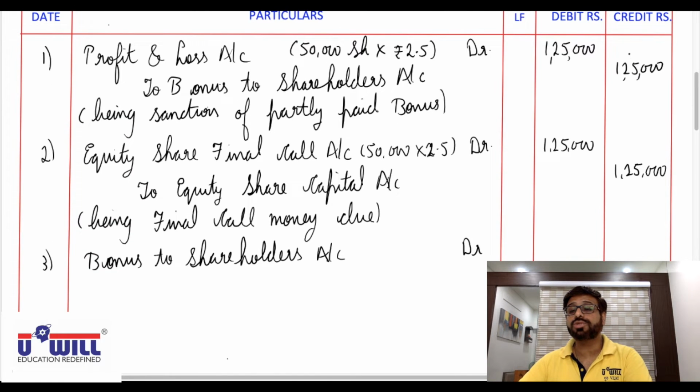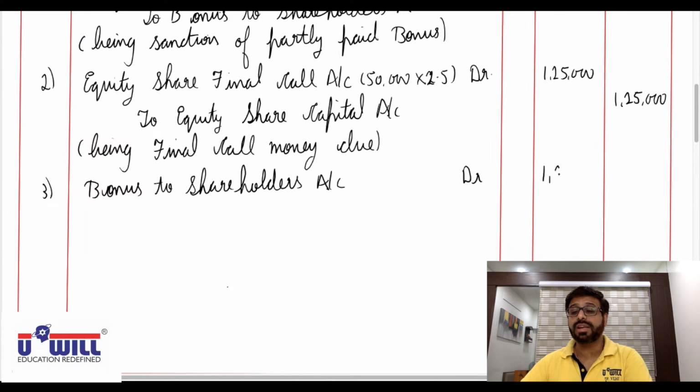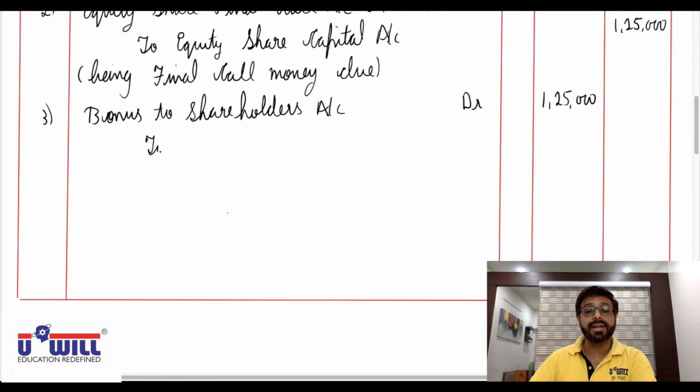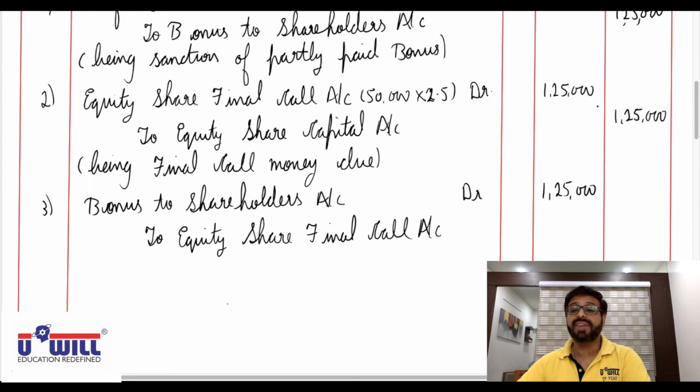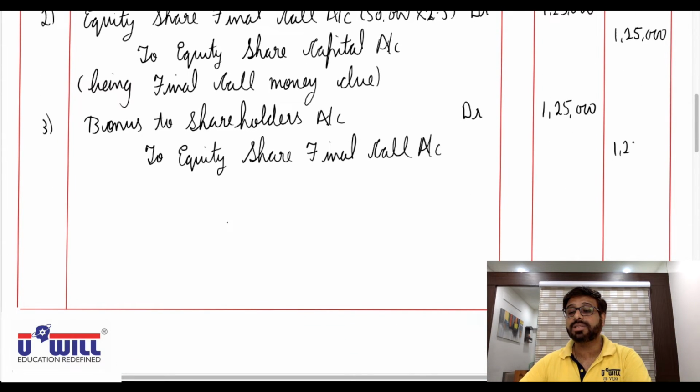This bonus to shareholders 1,25,000 you will reverse and debit to close that instead of bank account. To equity share final call account, we will reverse this equity share final call account 1,25,000 and close that.